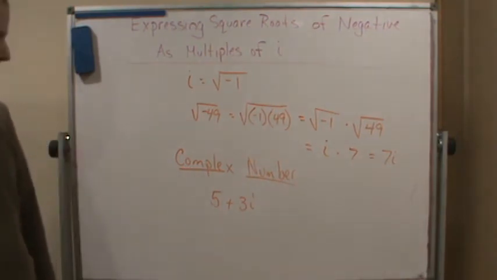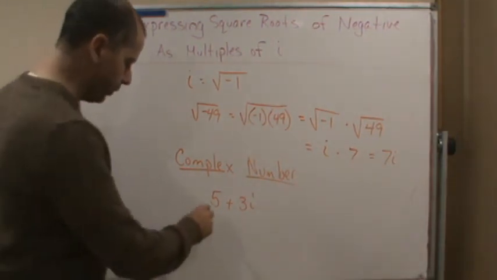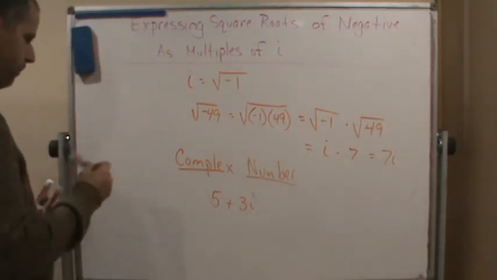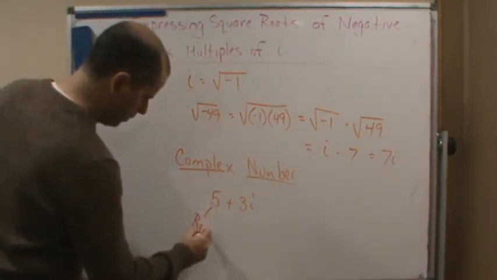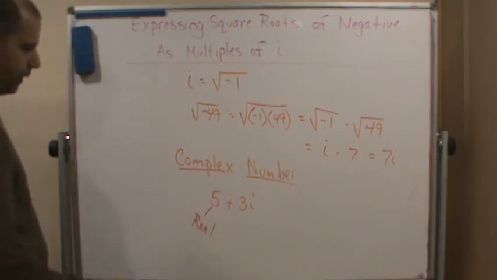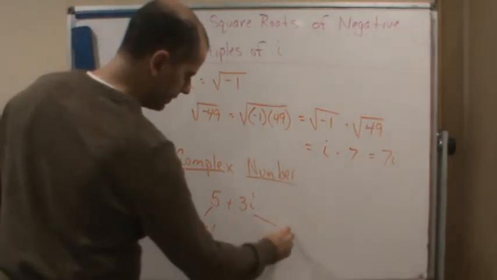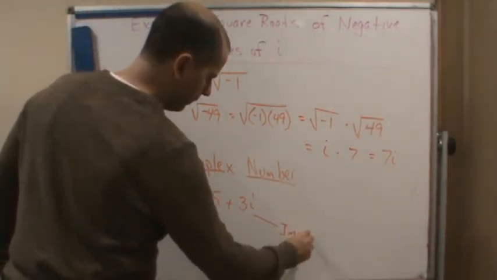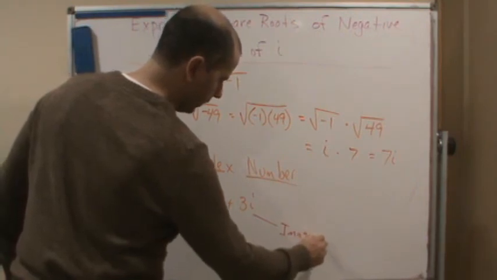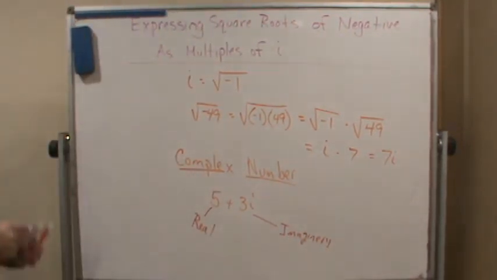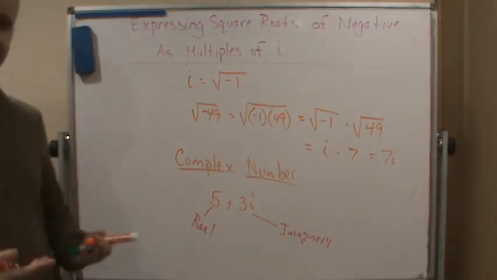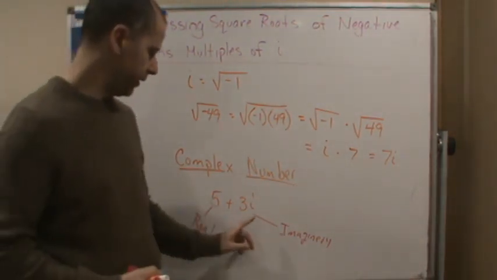This is the real part, 5, and this is the imaginary part, 3i. It's really easy to pick out the imaginary part because it's always the one with the i.